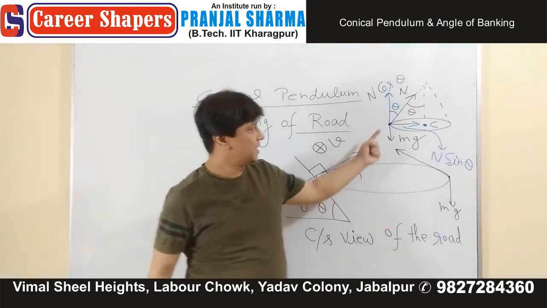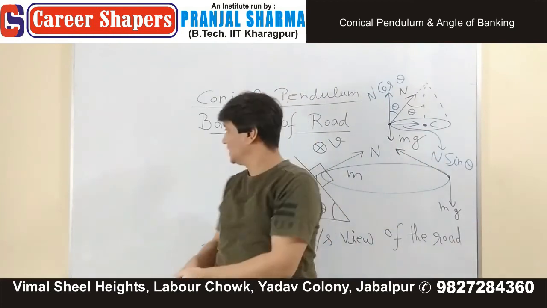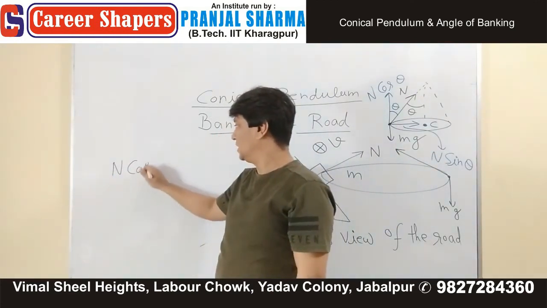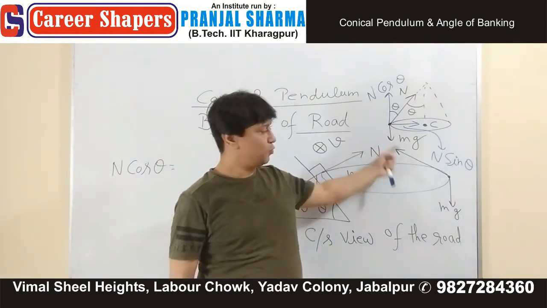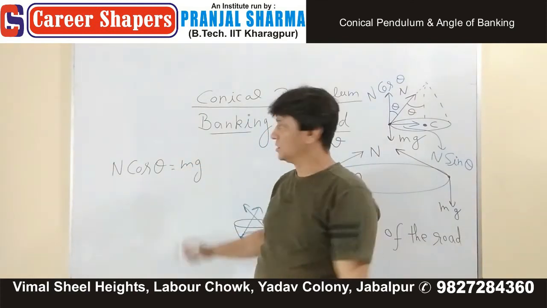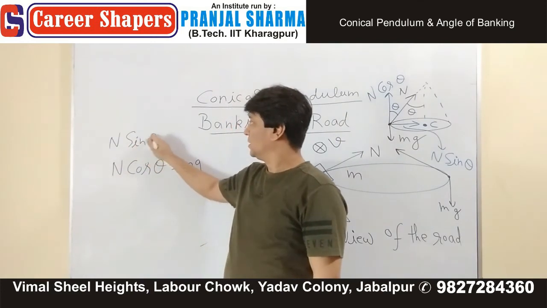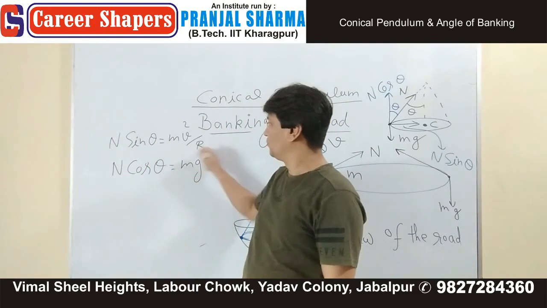तो इधर पहले यहाँ T लग रहा था, this was theta, T cos theta, T sin theta, everything else is same. Argument is what? N cos theta is balancing what? Weight. वहां क्या आया था? T cos. N sin theta is providing what? Necessary centripetal force.